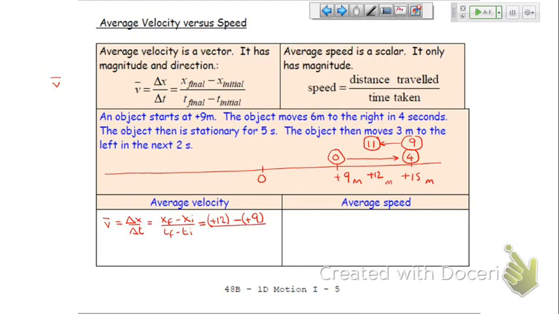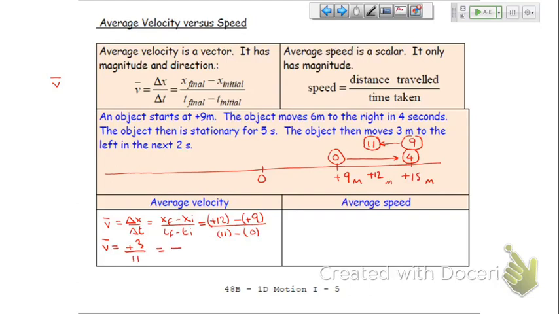over my final time. My final time said 11 minus my initial time, and my initial time said 0. So my average velocity equals 12 minus 9, which is +3, over 11 minus 0, which is 11.